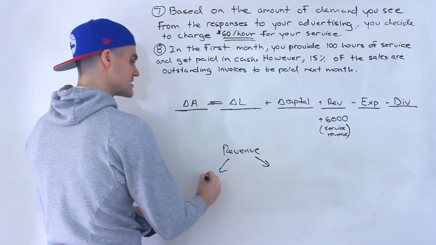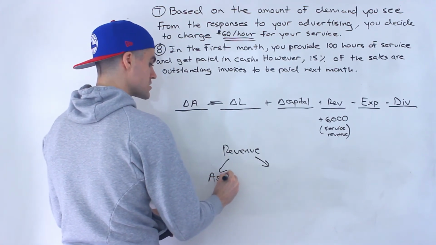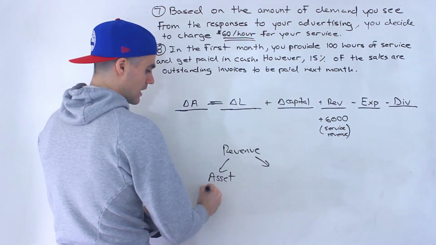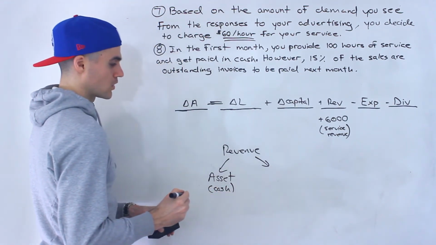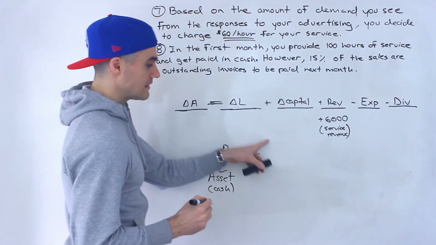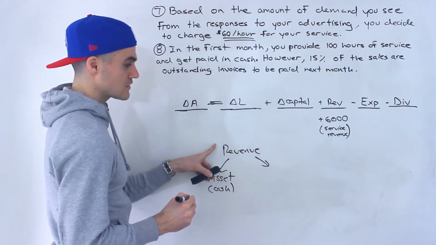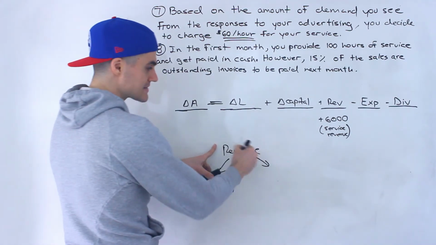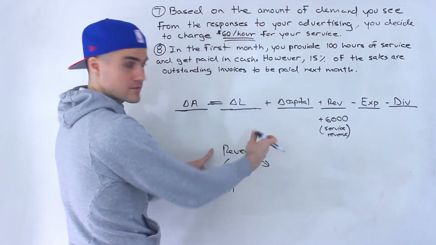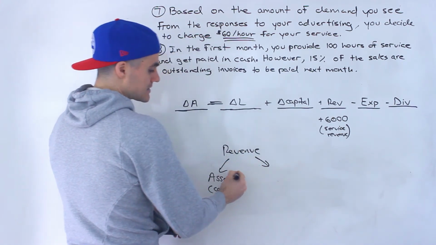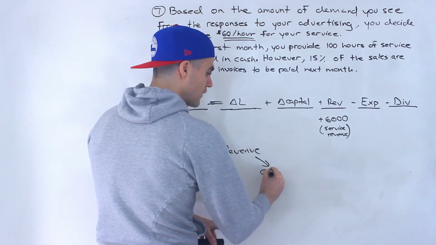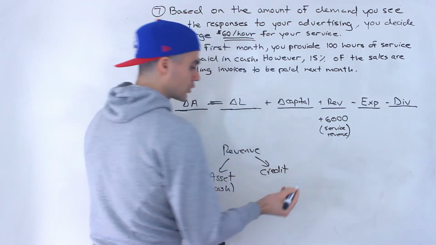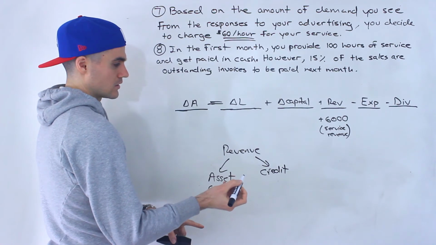Either you're receiving from the customer another asset, and the most common type of asset is cash, or you provided that service, you realized that revenue, and instead of receiving something, you provided on credit, right?